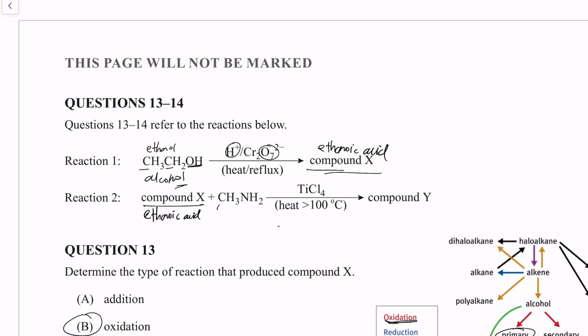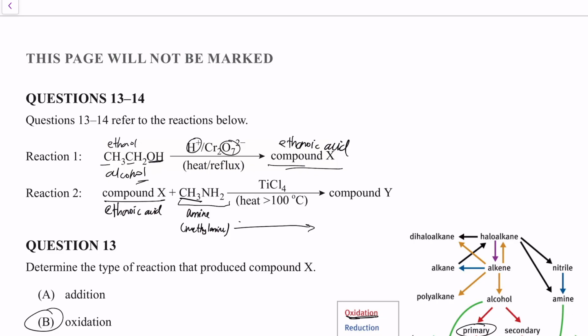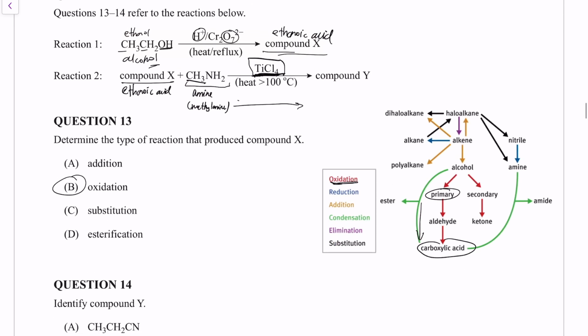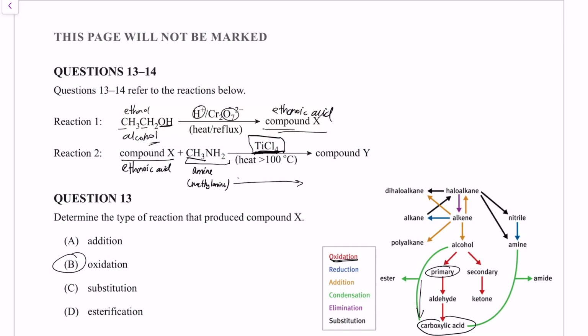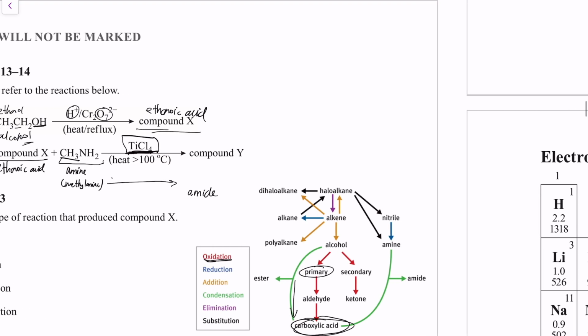And then we're adding this right here, which is an amine, specifically methylamine, because we have a methyl group here. Once we put lots of heat, greater than 100 degrees Celsius, and add a catalyst here, we will get compound Y, which will be an amide, because again we have a carboxylic acid with an amine.